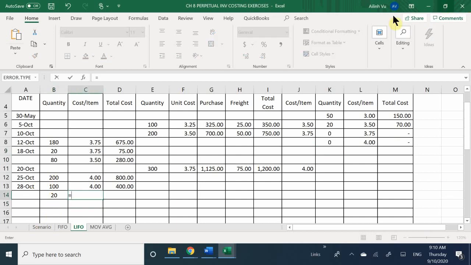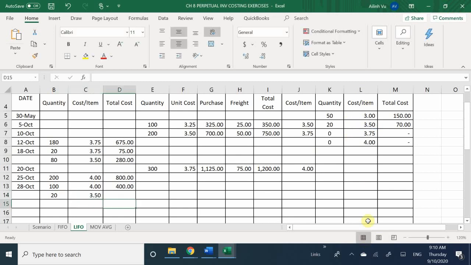At 3.50. Which we know, right? I'm just doing this for show, so $70. And then lastly, how much remaining do we need to take out? We sold 150.